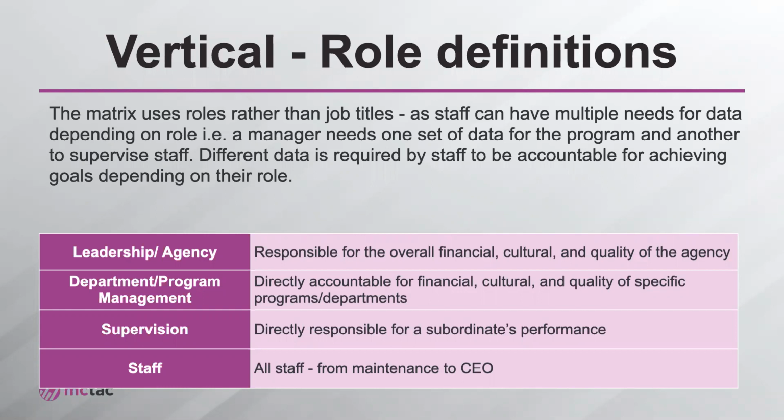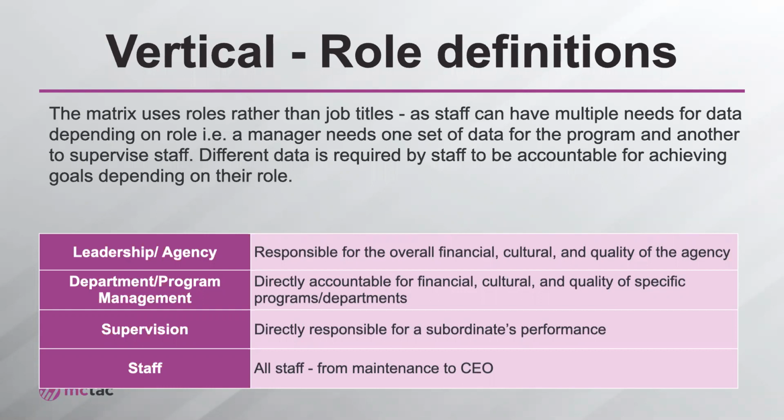So let's look in a little bit more detail at the vertical role definitions. We're using roles rather than job titles, and the reason for that is that people within an organization can have multiple roles. Somebody who's managing a program may also be supervising staff, and the data they need as a program manager and the way they use it is quite different from the data they would need as a supervisor.